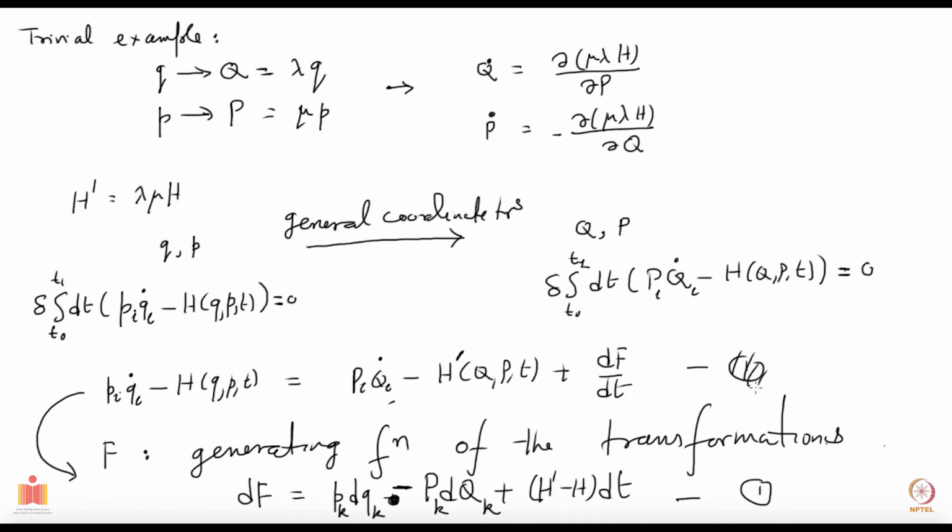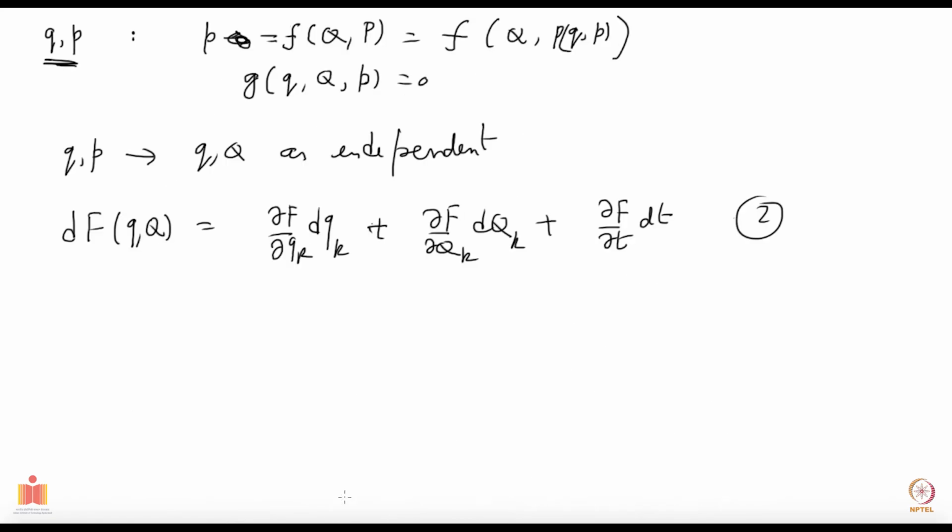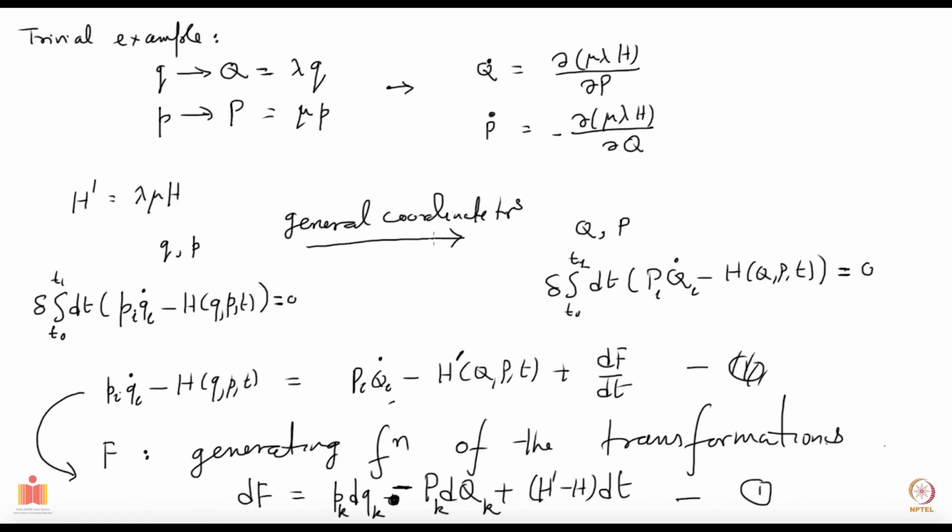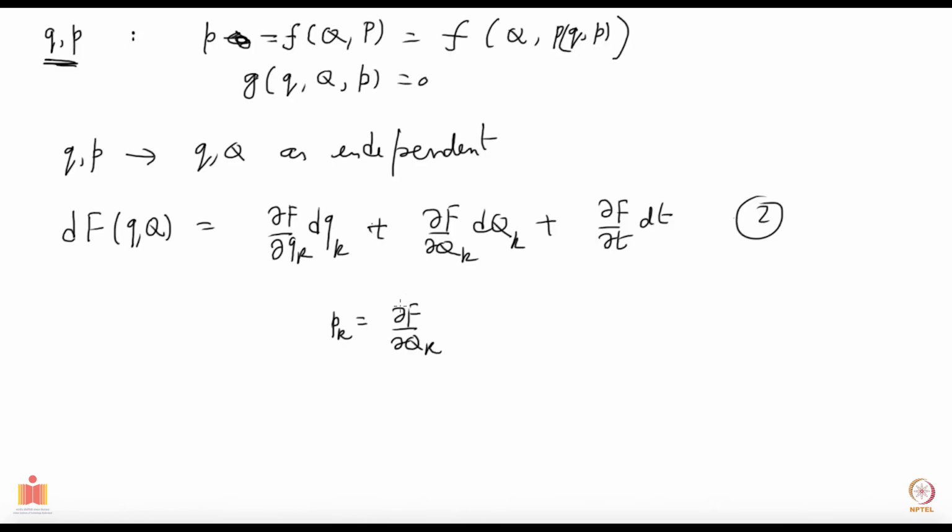And I compare the two, I can read off these coefficients. So pk would be equal to del f over del qk. So pk, the small p, is del f over del qk, and del f over del capital Qk would be minus Pk.